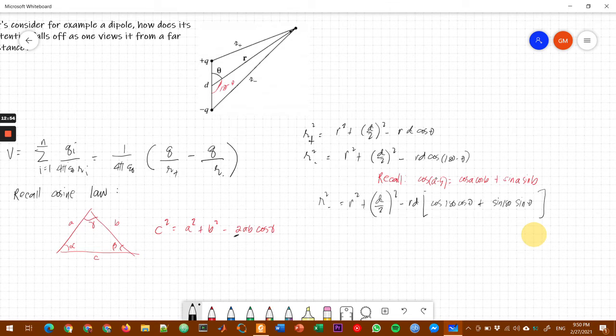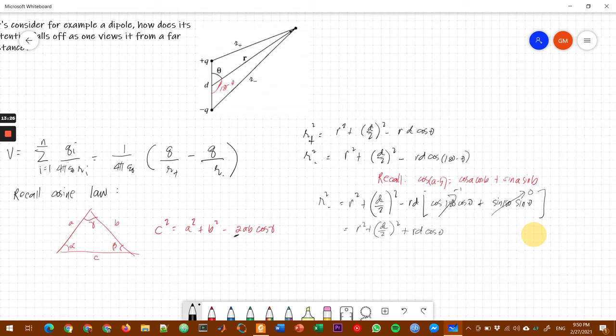Notice that sine 180 is just 0, and cosine 180 is negative 1. So this is plus RD cosine theta.